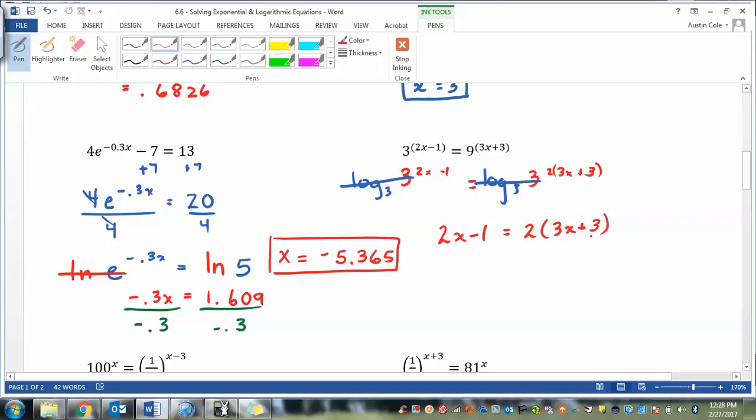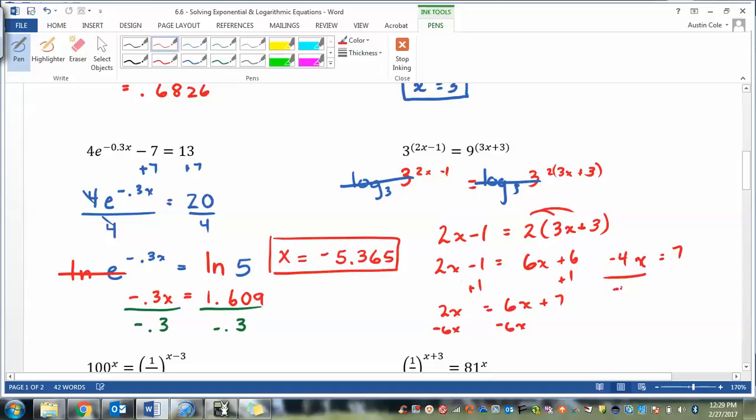And now we're just solving this like we've always done it. I can distribute on the right. 2x minus 1 equals 6x plus 6. Add 1 to both sides. 2x equals 6x plus 7. Minus 6x on both sides, and I get negative 4x equals 7.